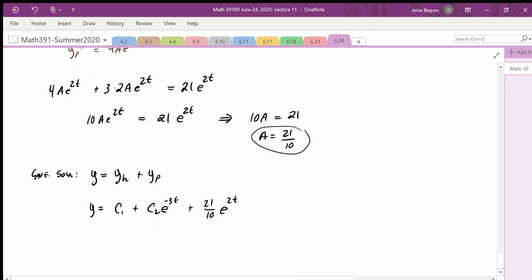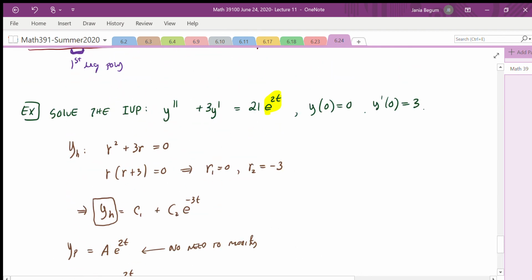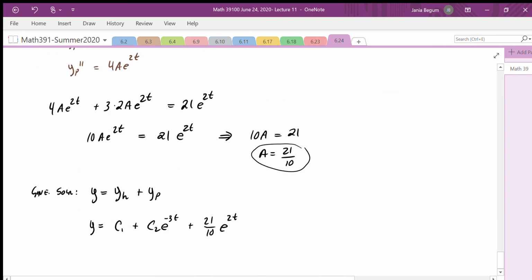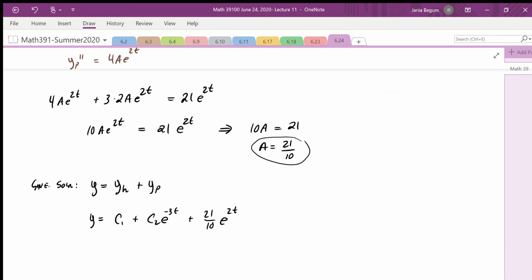Okay, so that's the general solution. But because this question gave you initial conditions, you have to use them to find C1 and C2. These are the next unknowns we have. So you find C1 and C2 by applying the initial conditions.